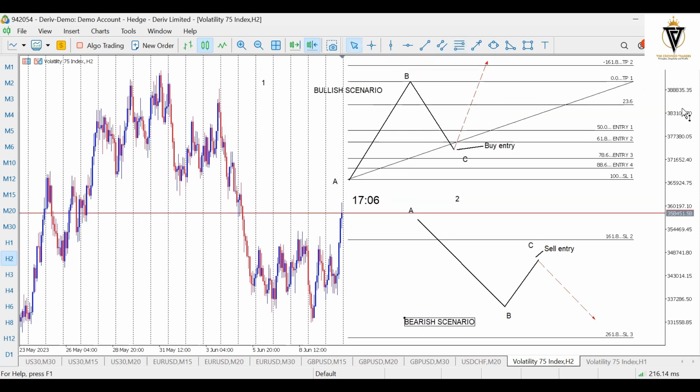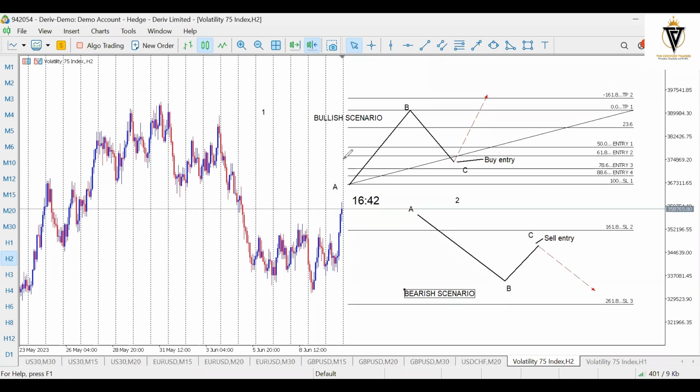So wherever your Fibonacci, when point B retraces, this whole movement from here to here is point A movement, while from here to here is point B movement.